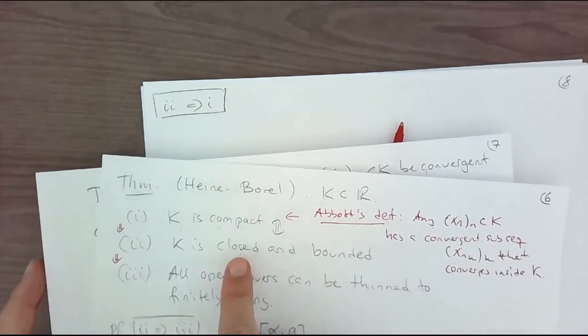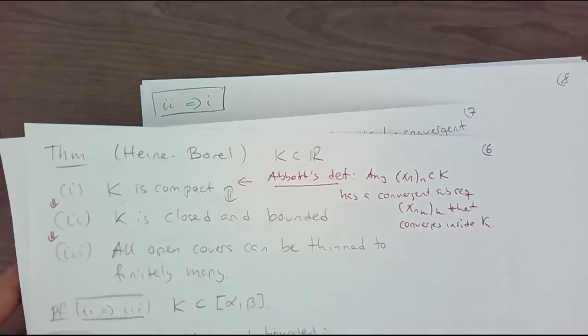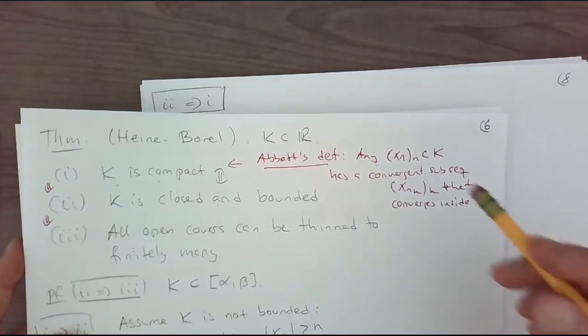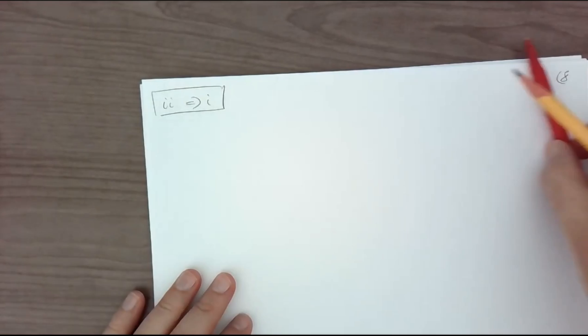2 to 1. So I want to take a closed bounded set and prove that it is also compact in the sense that any sequence has a convergent subsequence within the set.